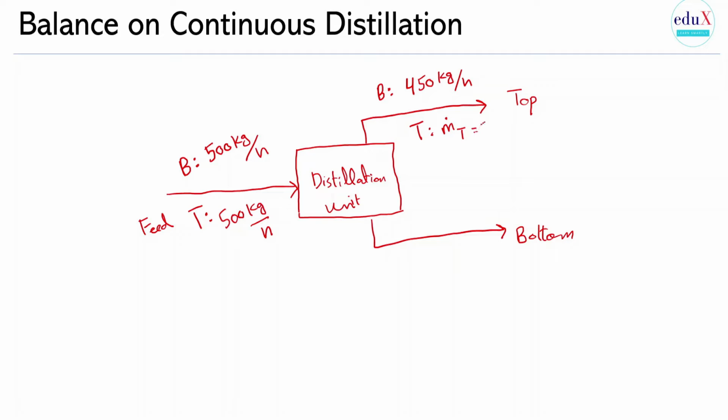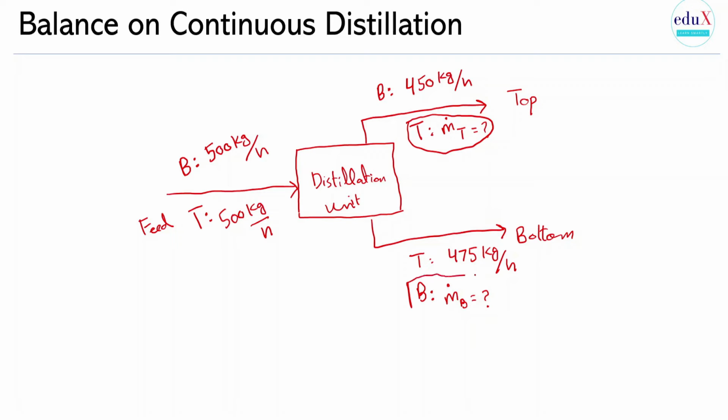So we have to find it out. On the bottom side, we have a flow rate of toluene of 475 kg per hour, but we do not have the flow rate of benzene, which I am calling MB, and we have to figure it out.